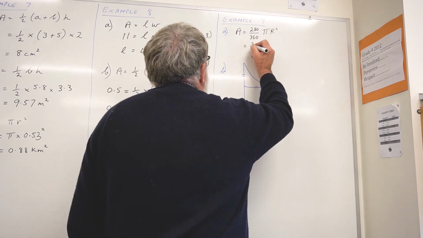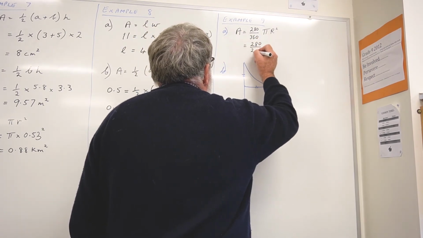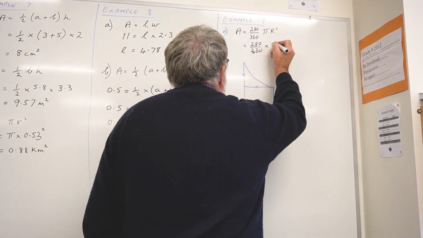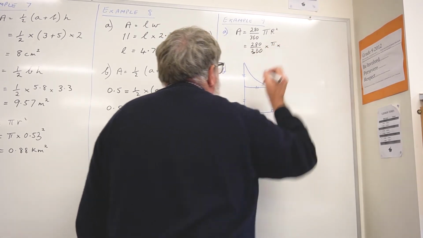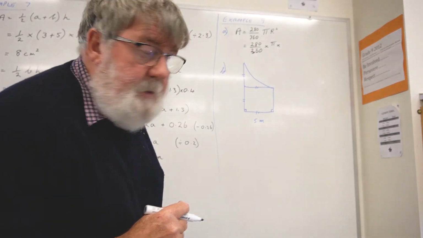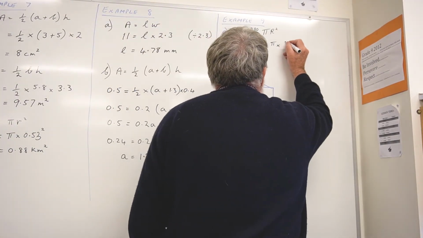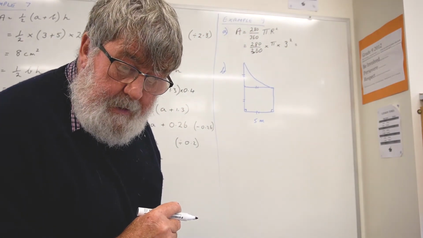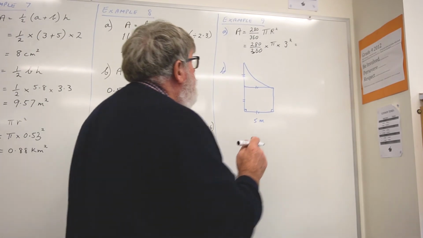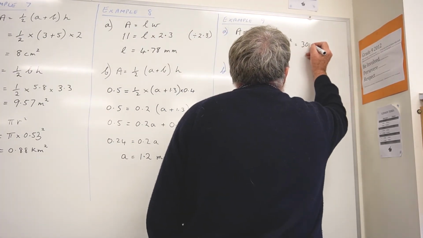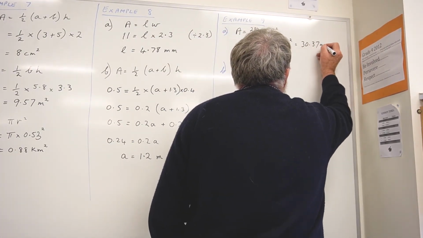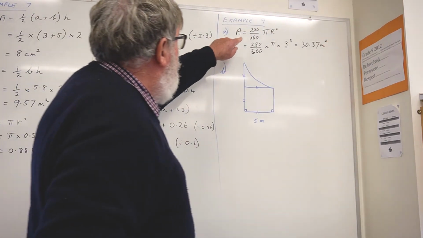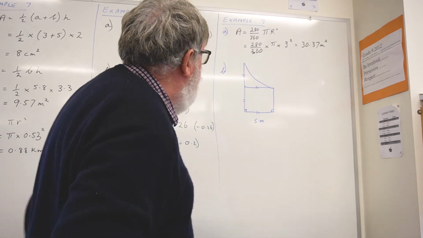You simply then leave that as 280 over 360, multiplied by pi. Your radius of your circle is 3 centimetres, so we have 3 squared. And to 2 decimal places, we have 30.37 metres squared. So that is a particular variation of the circle formula.